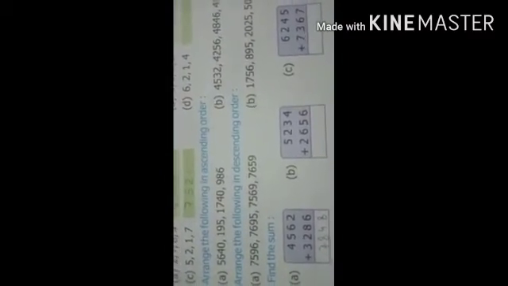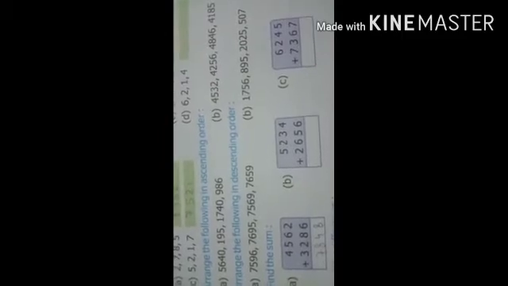Now I am going to solve question number 8. Question number 8 is: arrange the following in ascending order. We take part A: 5,640, 195, 1,740, 986.